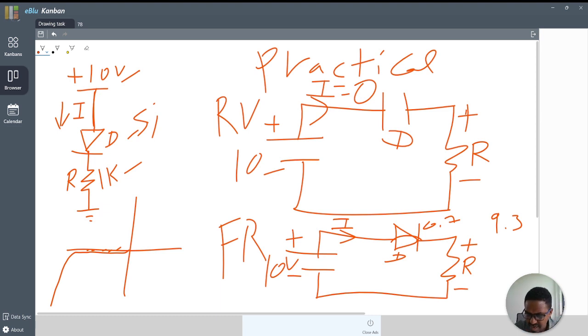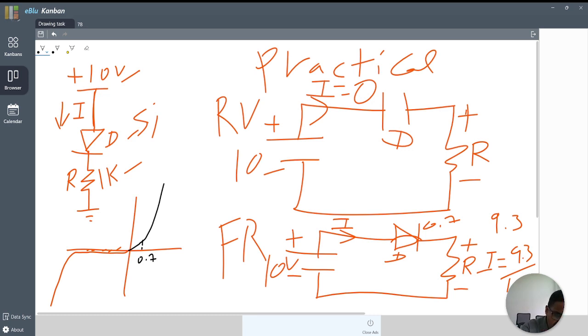Then our current becomes 9.3 over 1000, which is 0.0093 amperes. As you remember from the characteristics of a diode, a fixed drop appears and our current flows. That fixed drop is the knee voltage, 0.7.